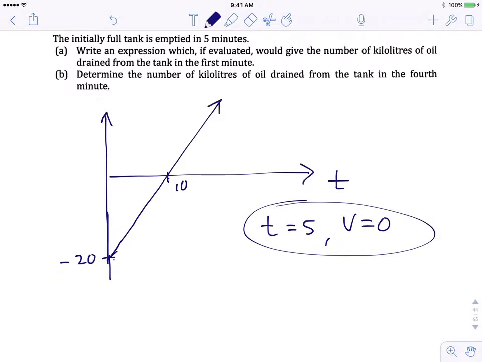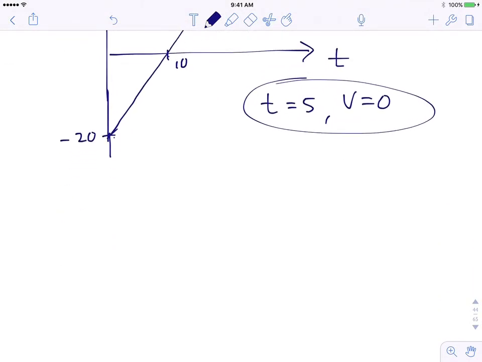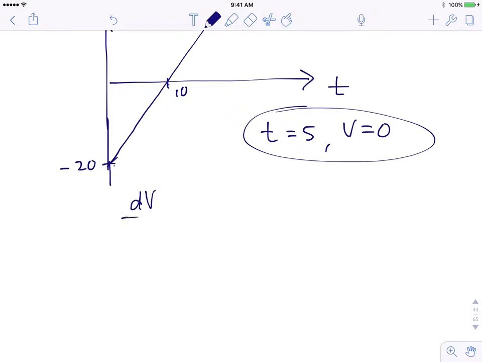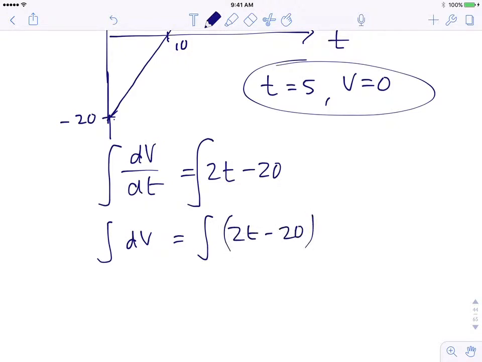Alright, so the first question is saying, write an expression which, if evaluated, would give the number of kilolitres of oil drained from the tank in the first minute. So we've got this expression dV/dt equals 2t minus 20. Really we're integrating both sides, and over here these derivatives behave like fractions, which is really cool.